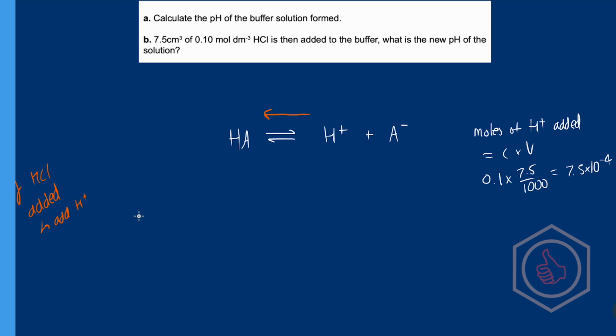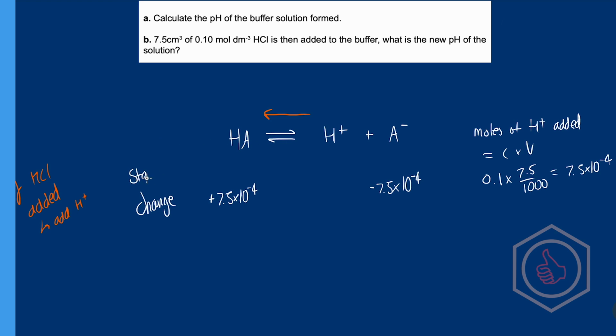So this means the change in moles of HA is going to be positive 7.5 times 10 to the minus 4, and the change in moles of A- is going to be negative 7.5 times 10 to the minus 4, because remember the A- combines with the added H+ to make HA.